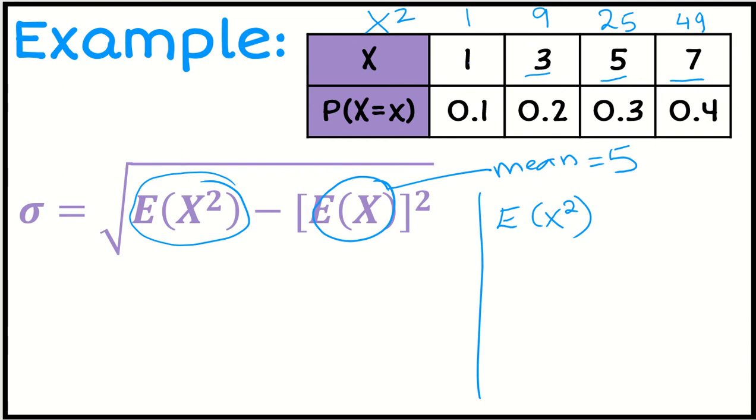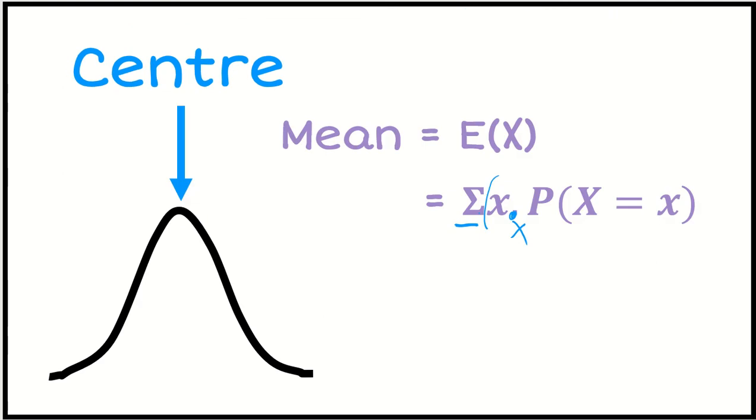Let me just remind you of that formula. It said take the x value and multiply that by its probability. Or in this case, we're going to take the x squared value and multiply by its probability.